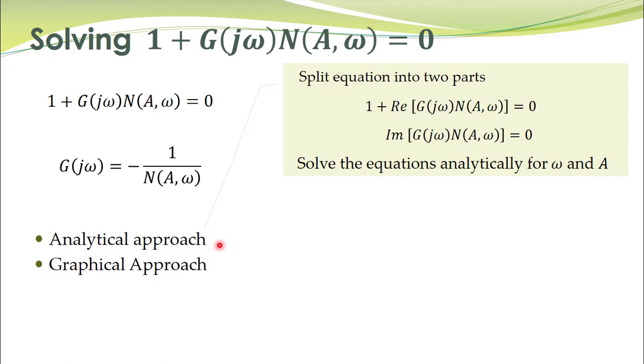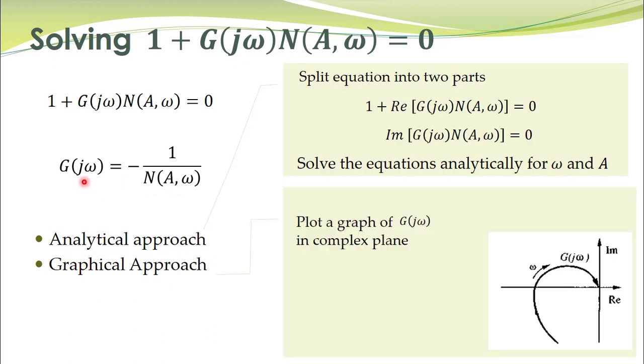This is the first approach, and the second approach is the graphical approach. In the graphical approach, we obtain a graph of this thing and a graph of this thing, and then the intersection of the two graphs gives you the solution to this equation. Here the variable is omega, and this thing is a complex quantity, and if we plot it in a complex plane for different values of omega, we get some graph.